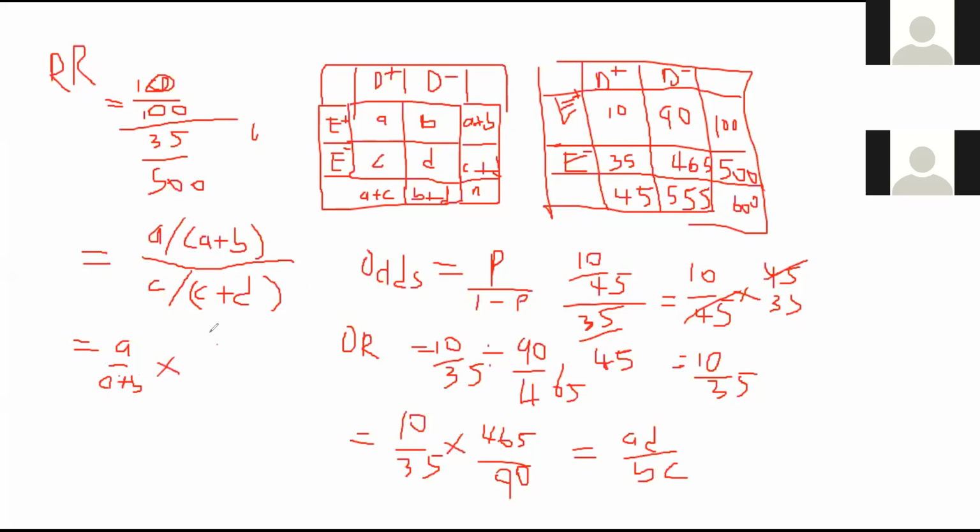It becomes times C plus D over C. Because you know your A into A plus B divided by C into C plus D, if you change this division into times, this C plus D will come up.